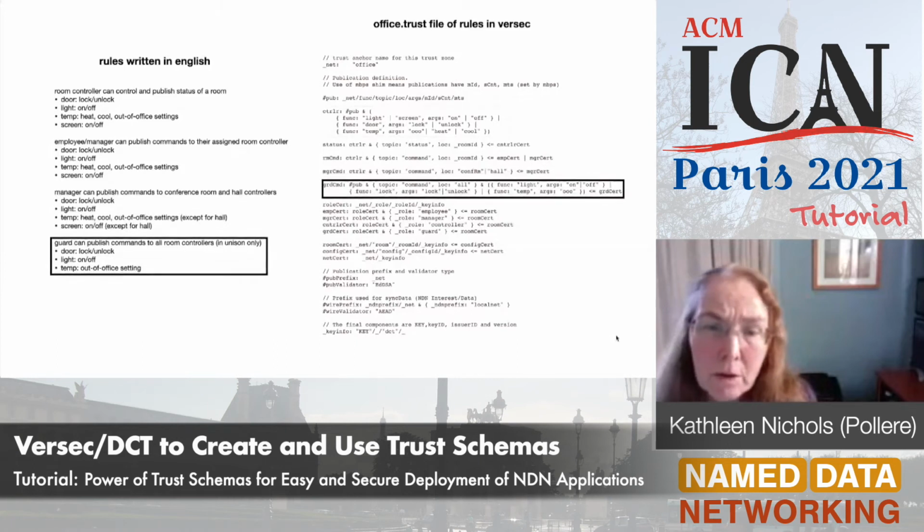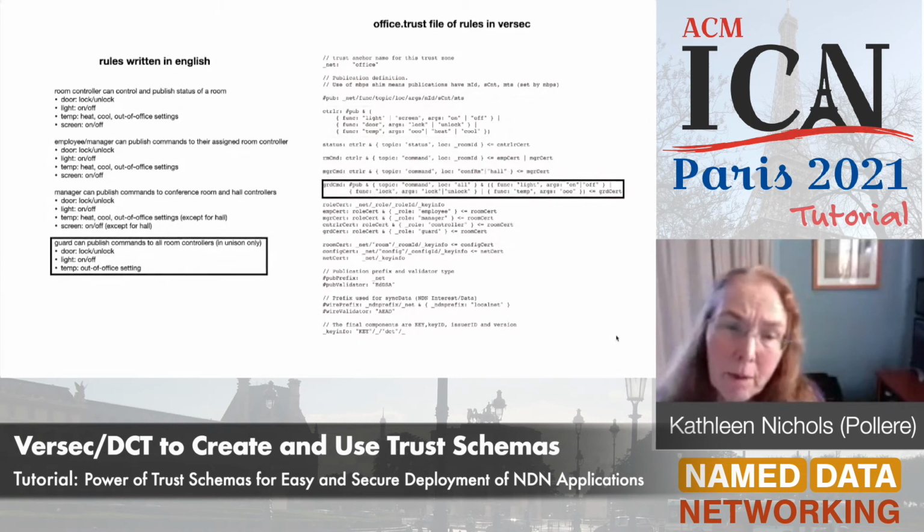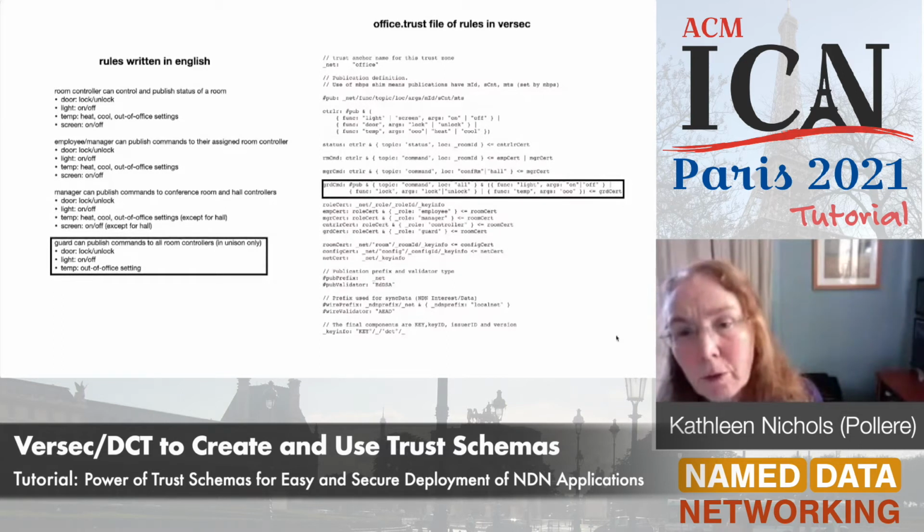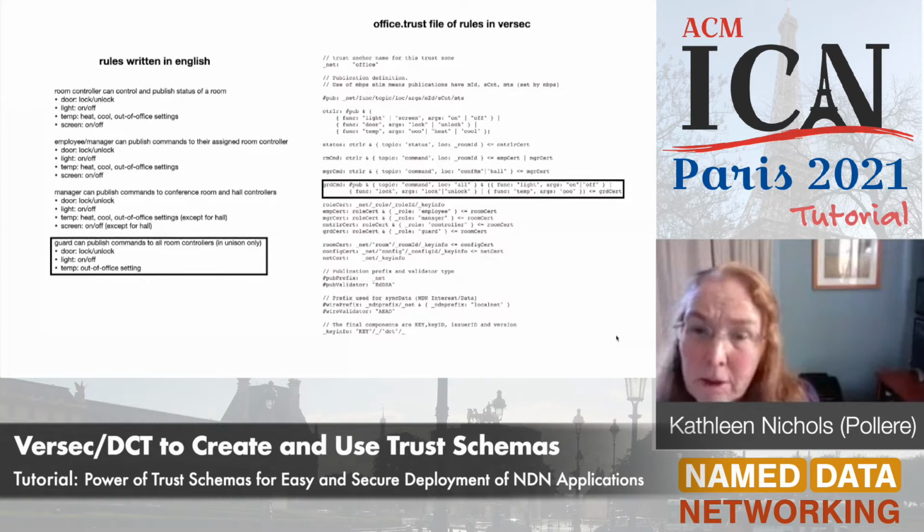Okay, so here's the guard who can only publish commands in unison. So let's take a look at what's going on with the guard. The guard doesn't derive from controller. It comes from that basic publication form. And it's going to say, well, the topic, if it's command, that's one version.